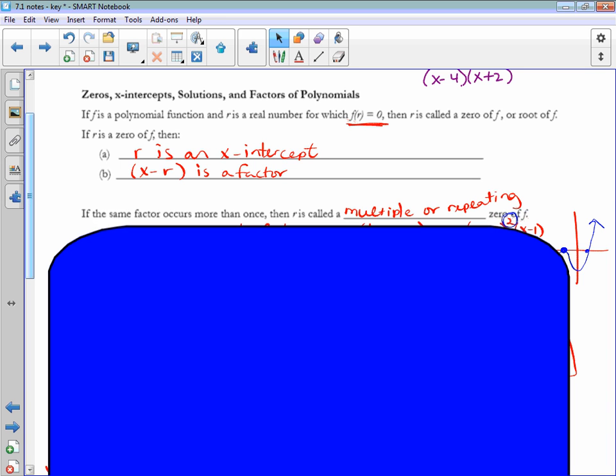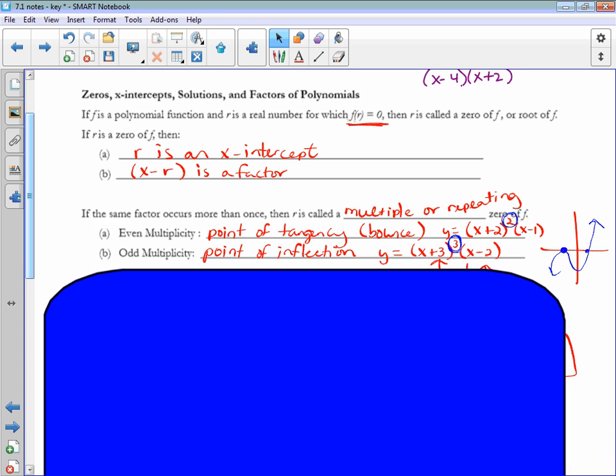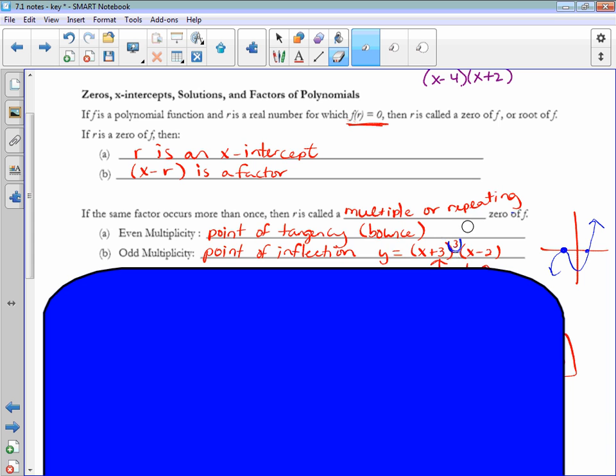So if the same factor occurs more than once, then you have multiple or repeating zeros. And you can have even or odd multiplicity. I'll show you those in a minute. An even multiplicity creates a point of tangency.